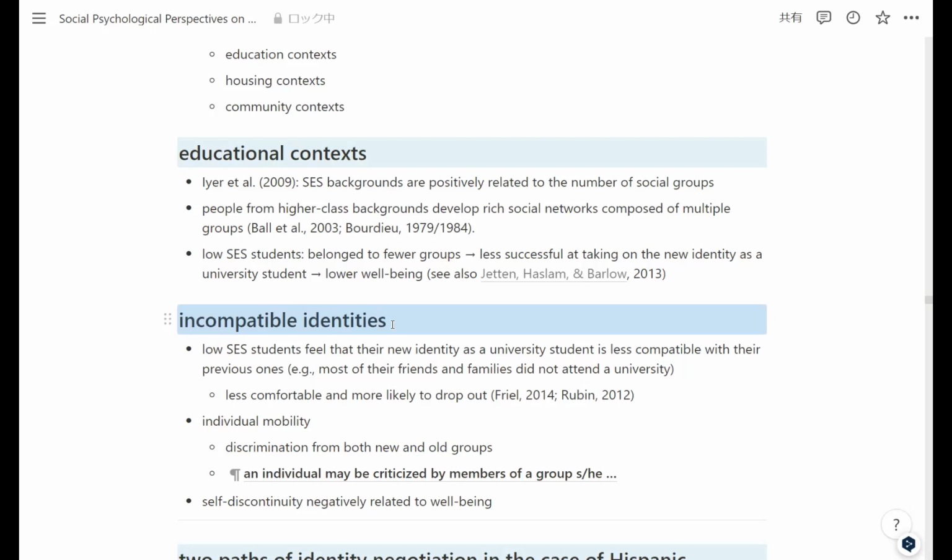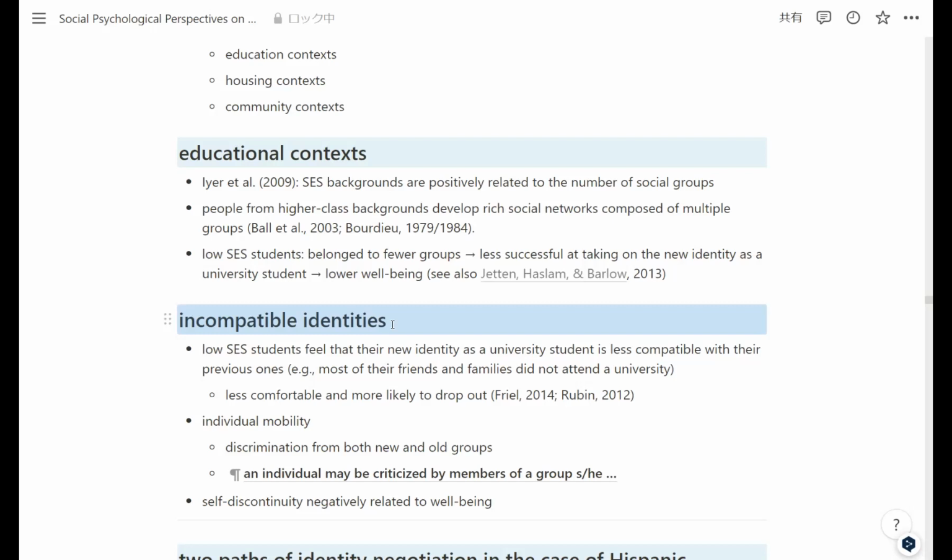This is because within the old identity group, nobody has been to universities, and there is no norm of studying at university in their family or relatives. And in the new identity group, most of the children have parents who have been to universities. And then maybe there are different cultures between their families and relatives and their friends at universities.